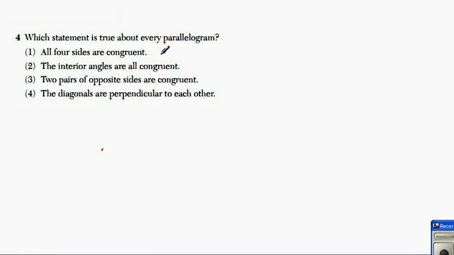Number 4. Every parallelogram, we need to realize a couple of properties. In every parallelogram, of course, opposite sides are congruent and parallel. That's one thing we get to realize.